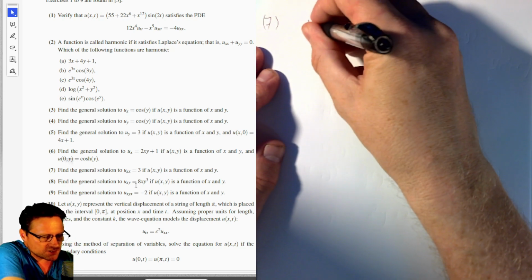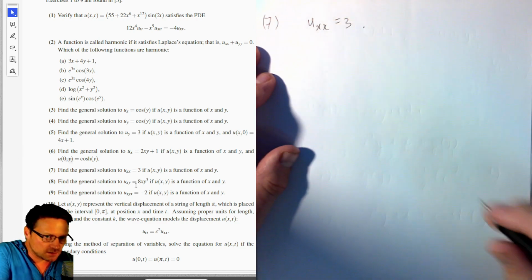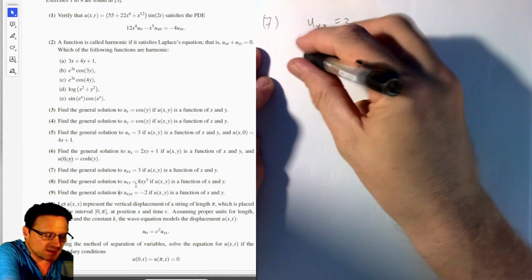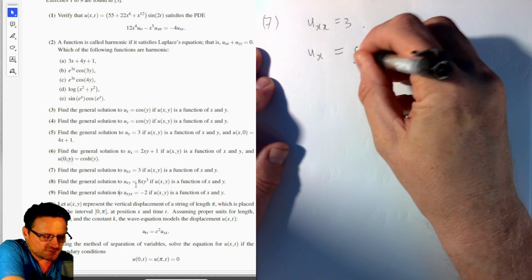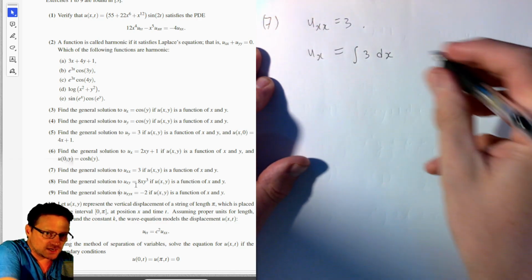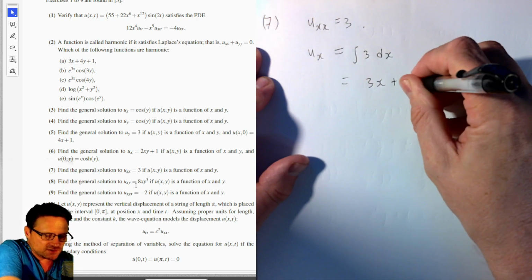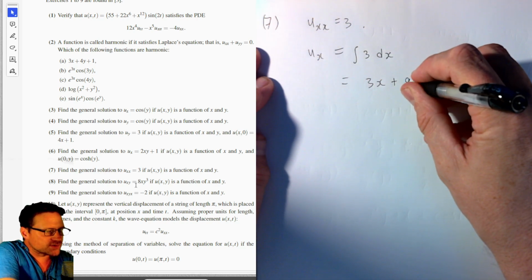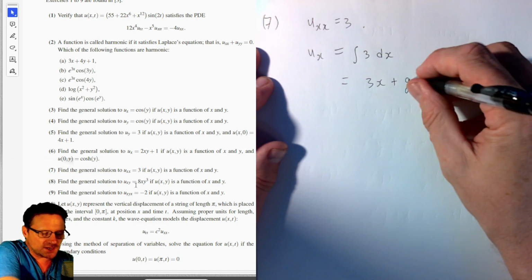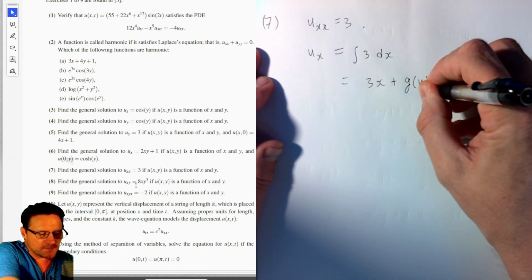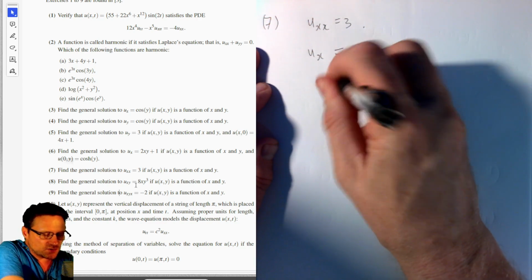Find the general solution to uxx equals 3. Okay, so integrating this with respect to x, we have ux is the integral of 3 with respect to x. And so that's 3x plus a function of the other letter, because we're told here that u is a function of both x and y. So the other letter here is y. Okay, now this is ux.